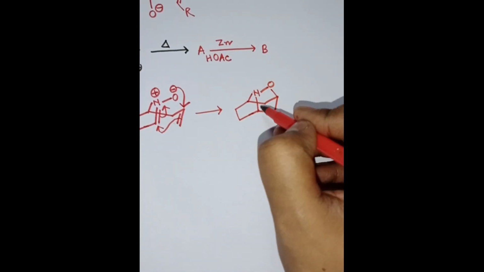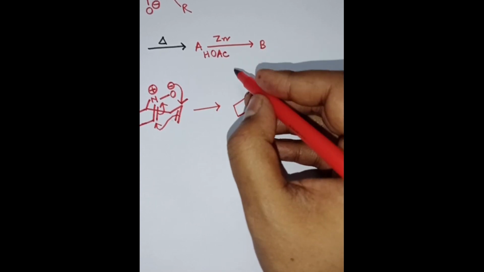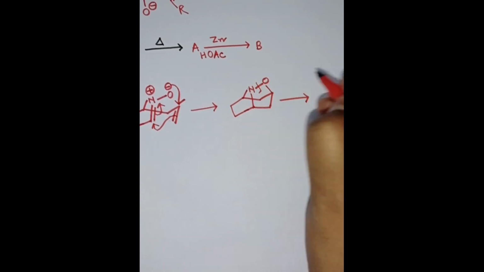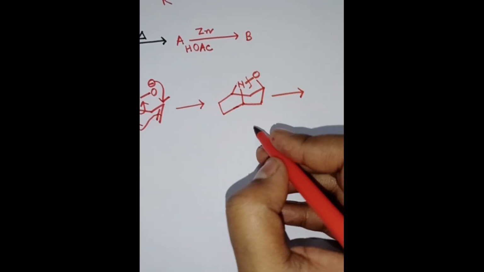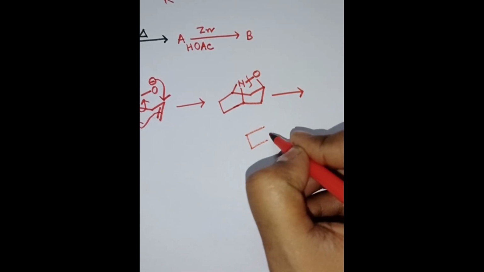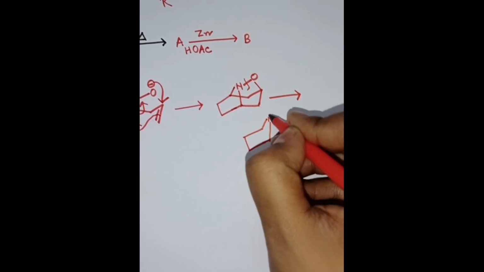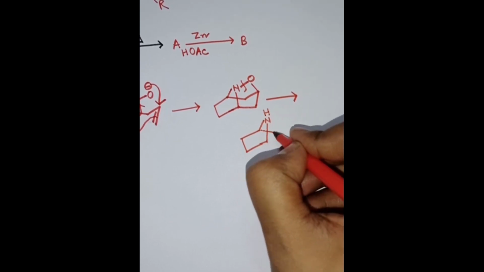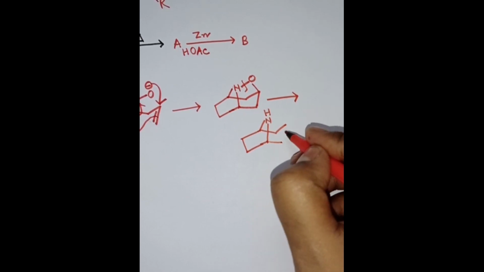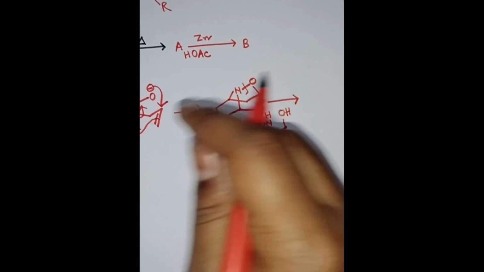Now if we treat this compound with zinc and HOAc, then this weak N-O bond will be cleaved, and what will be the product? The product will be this wedge.